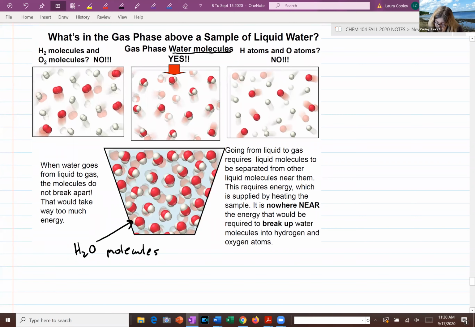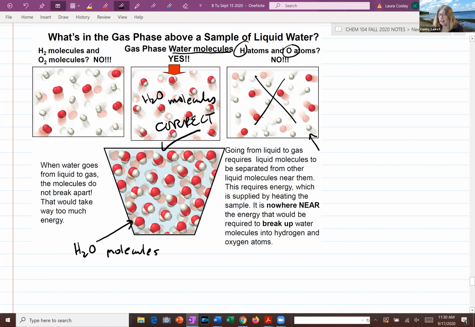So this diagram here shows H2O molecules. This is what actually exists in a sample above liquid water. This is correct. Here, it's speculating that maybe there's hydrogen atoms and oxygen atoms above a sample of water. Well, that's just not true.